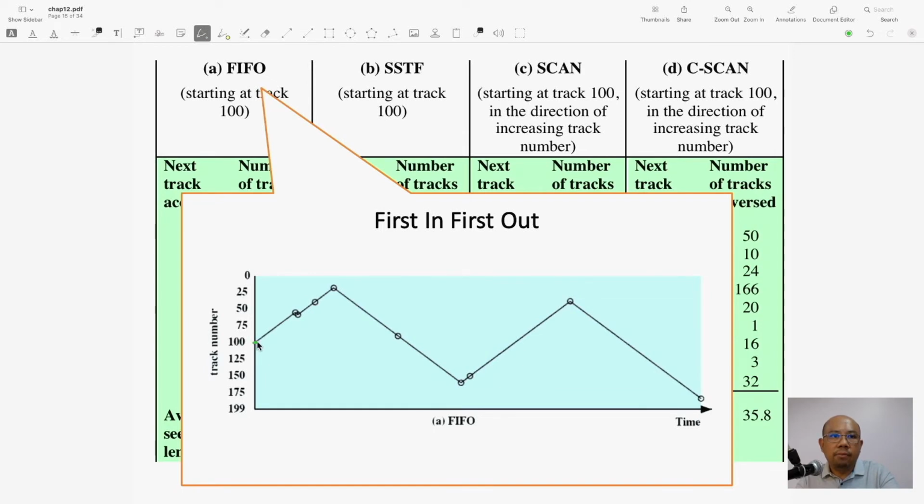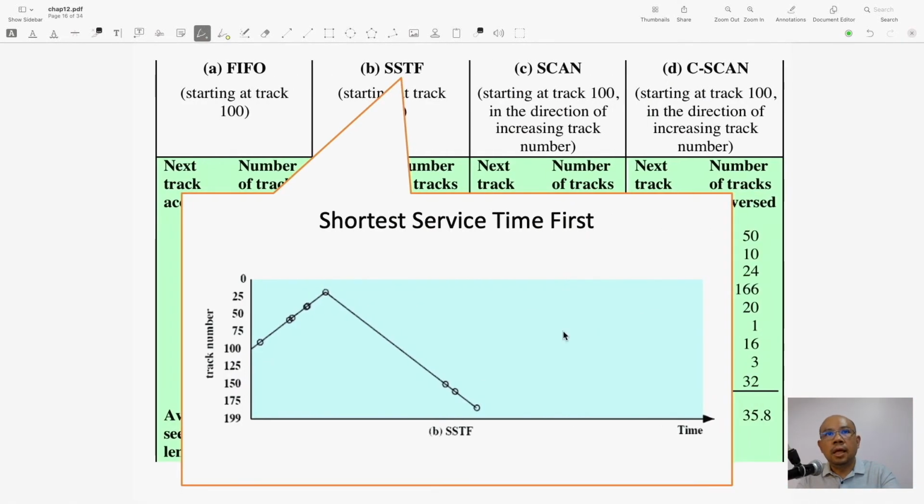The head of the hard drive moves up and then down, and up and down. It moves cycle to cycle to cycle. That is a lot of movement. And here is the shortest service time first. It moves only one circle.